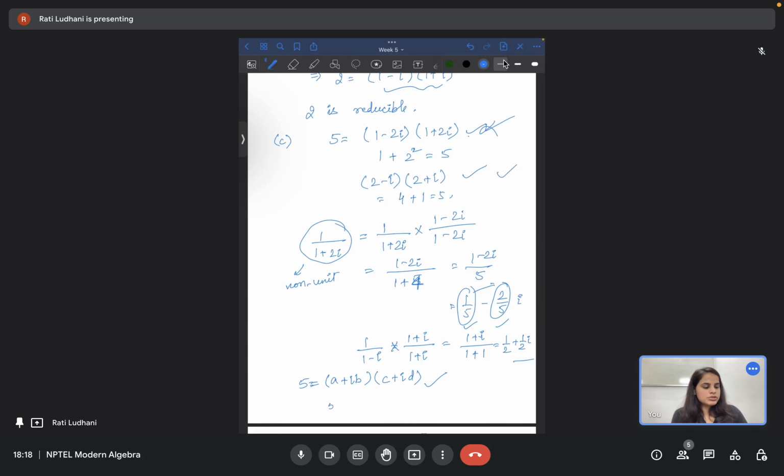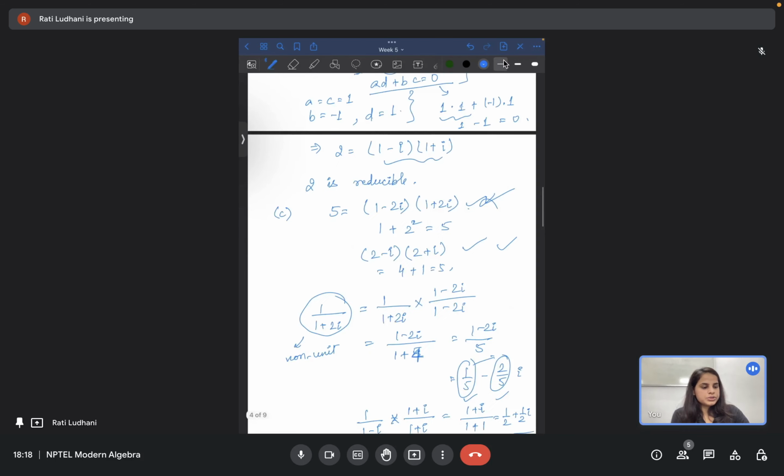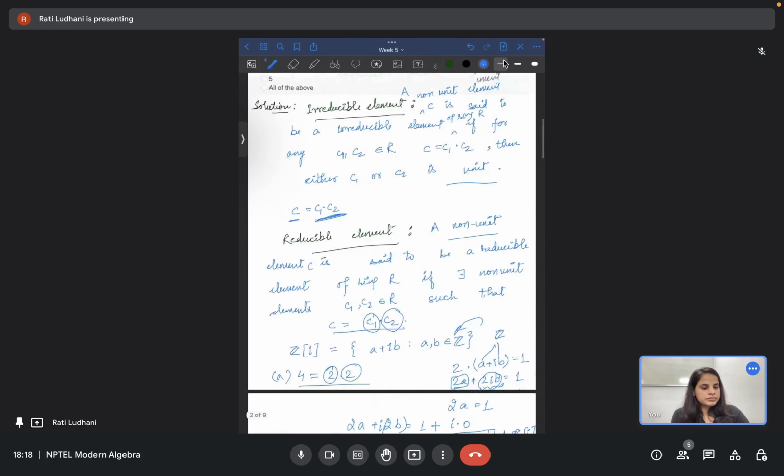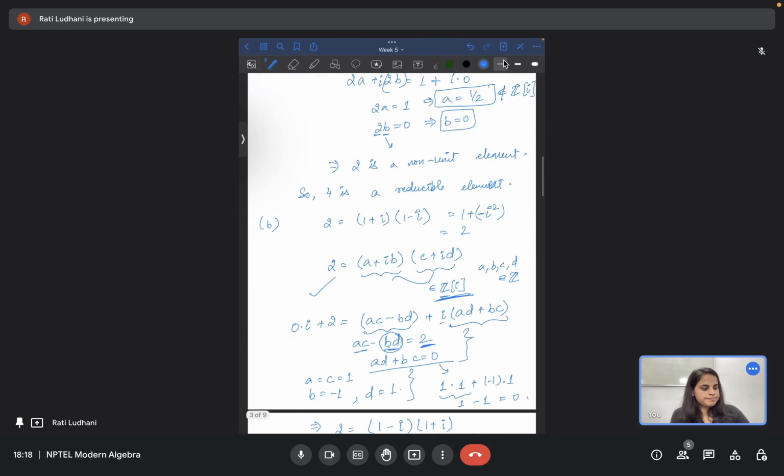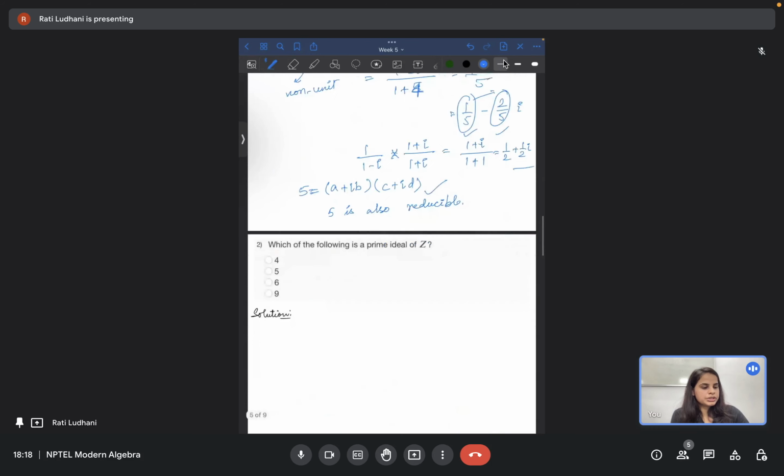So 5 is also reducible. Any questions on this? Okay, great. So all of the above. The question was asking which one of the following is a reducible element. So all of these are reducible elements. Okay, let's move to the next question then.